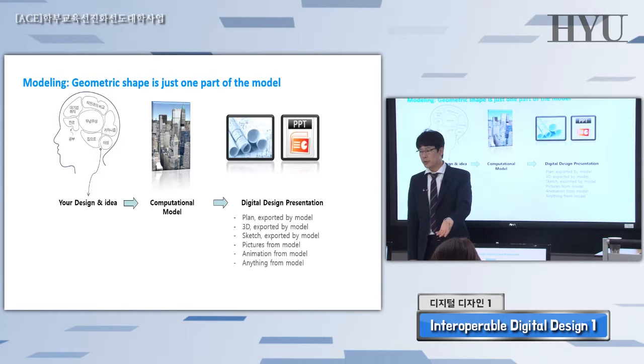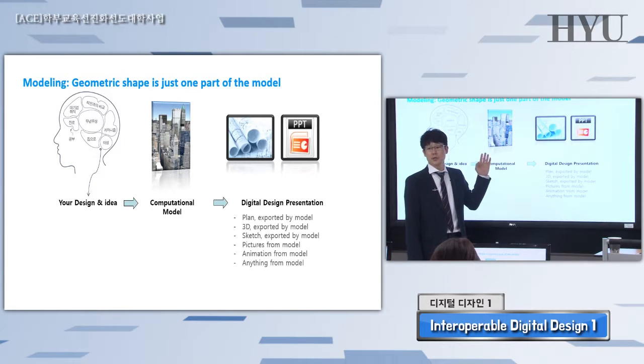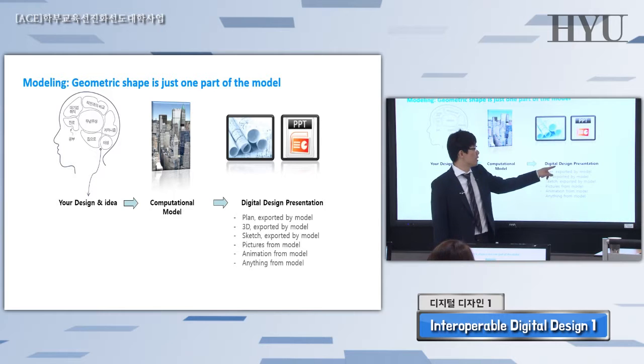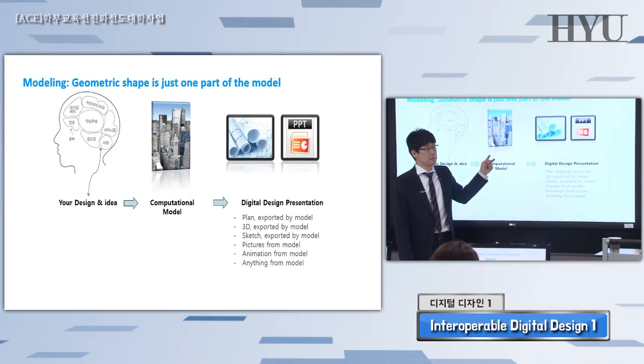You experienced that lab exercise, okay? Room schedule from the Revit file, wall schedule, or other types of textual data from this model. How about animation? You can create animation using this model with an additional task. Anything for design presentation can be derived from this computational model, okay?